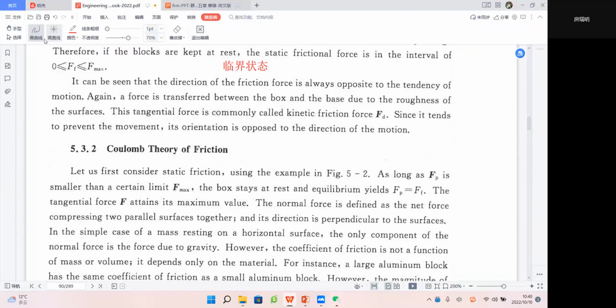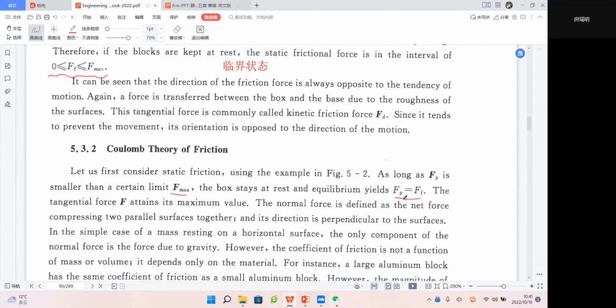Can you look at this? So that means as long as Fp is smaller than a certain limit Fmax, the box will always stay at rest and in equilibrium, and this condition applies: Fp equals Ff. So you guys can think about that.